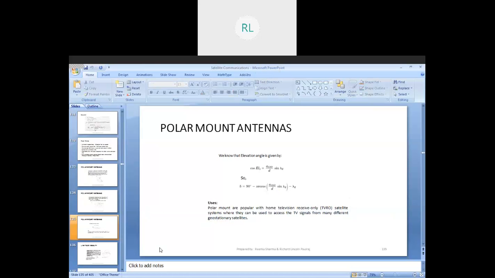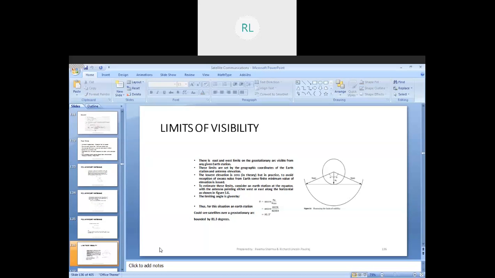And what are the uses of these antennas? Polar mount antennas are popular with home televisions, the ones we are using right now, which pick up signals and transmit, wherein we directly get connected to the satellite. That's the reason we moved from analog to digital transmission, where the transmission becomes more clear.